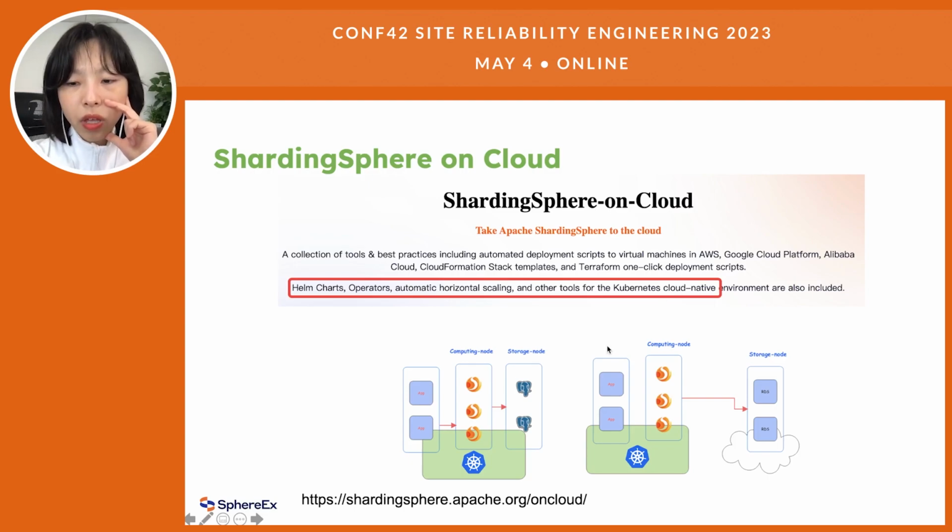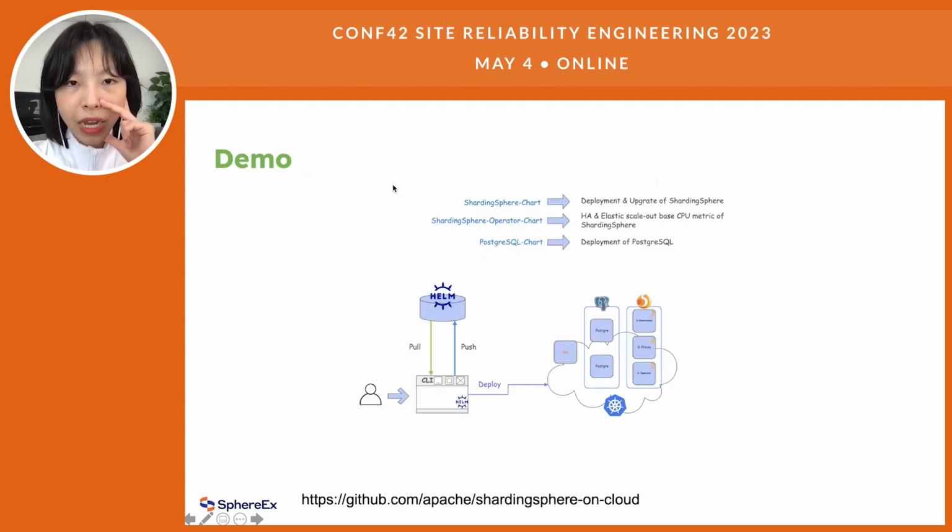Here, in my demo, I just chose one popular PostgreSQL chart to help me deploy a PostgreSQL instance on Kubernetes. Actually, you can just use your current RDS service. And I use the ShardingSphere on Cloud repo to deploy the ShardingSphere cluster.